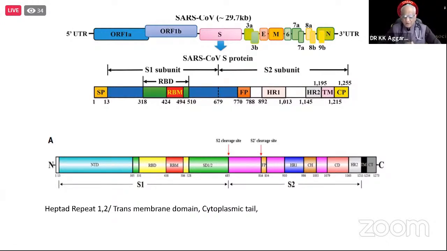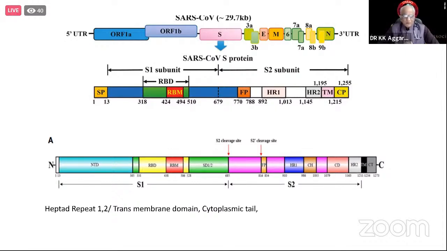All our focus has been on making a vaccine which neutralizes RBD and RBM, making a monoclonal antibody against RBD or RBM, creating polyclonal antibodies against RBD and RBM. Today, our focus is on whether NTD is an important component or not.